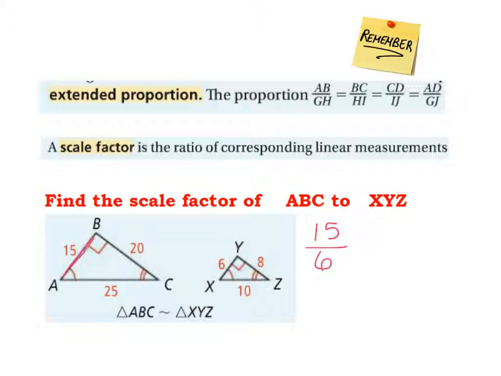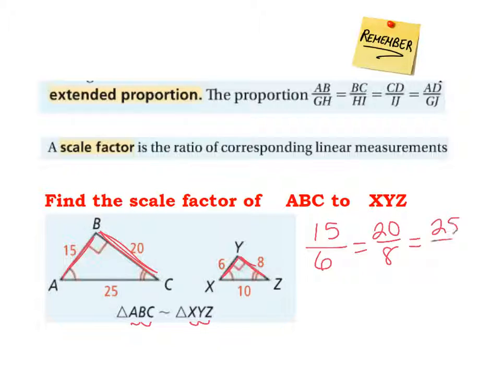So you can see this side corresponds to this side. And they were really nice and oriented these triangles the same way, but we really trust the letters more than anything. AB corresponds to XY. And then BC corresponds to YZ. So that's this 20 corresponds to 8. And then the last ratio there, AC would correspond to XZ.